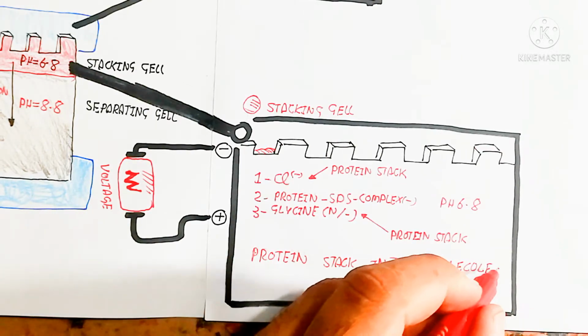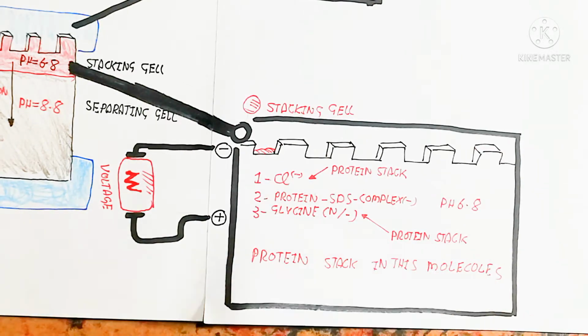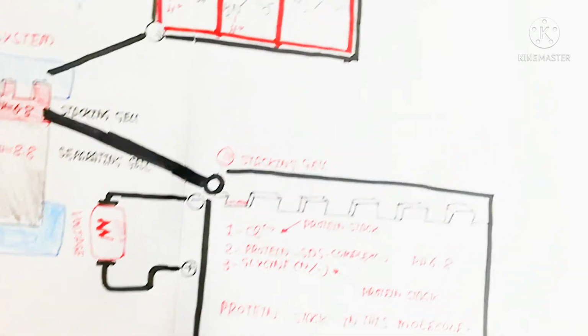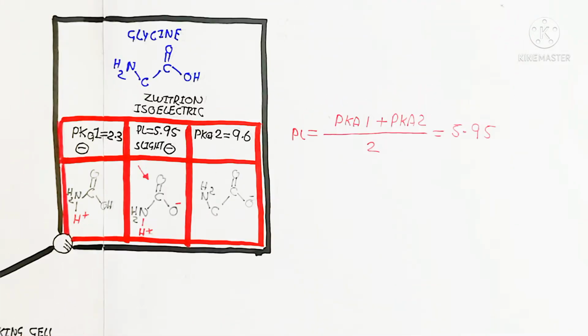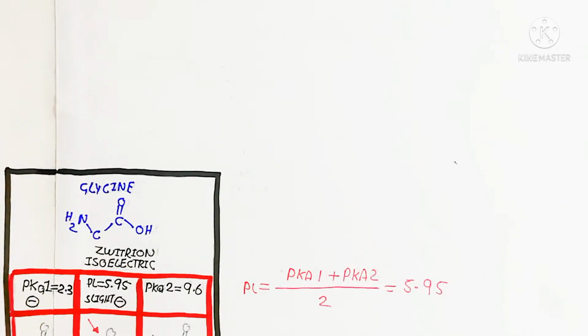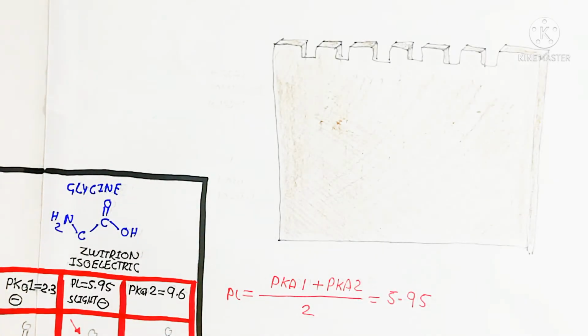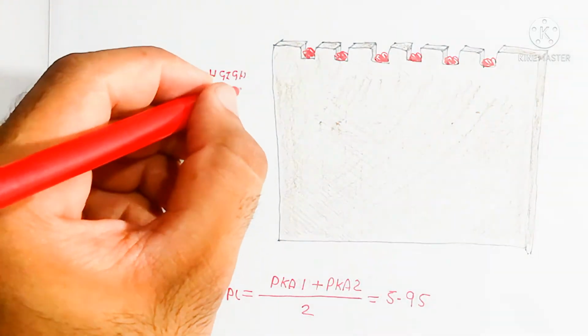The important thing is that here I am discussing the protein stacking in this molecule. The protein is stacked in the stacking gel when the electric current is provided, so the 6.8 pH moves toward the 8.8 pH. Why?